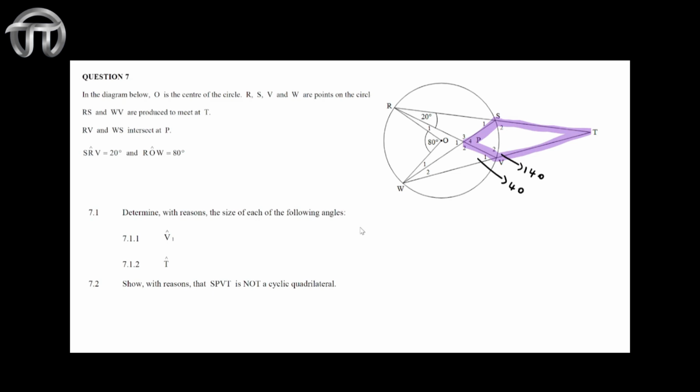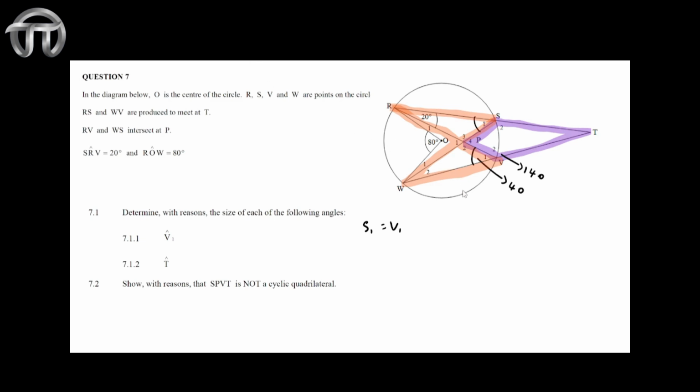But wait a minute. S1 must be equal to V1. The angle S1 here must be equal to this one here. What do you notice there? You will see there's that bow tie theorem. So if you move from R, you go to S, and then you go all the way to W, and then you go back to V, and then all the way back to R. Do you see that bow tie situation there?